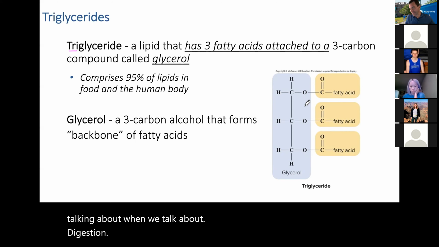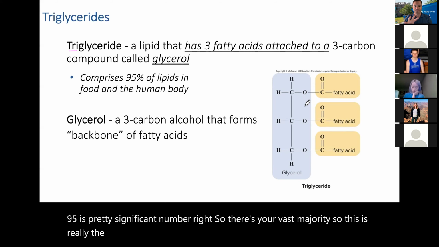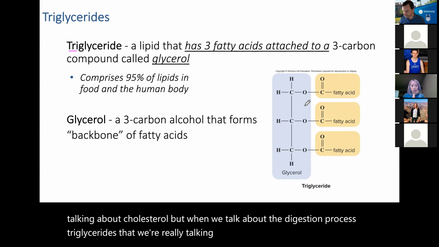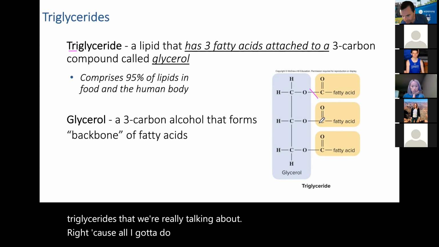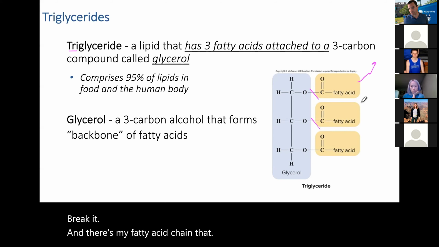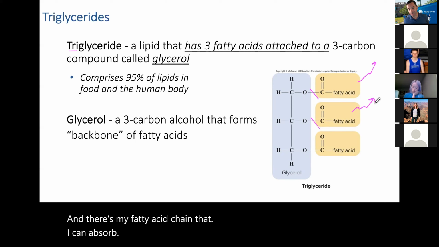Okay, 95% is pretty significant number, right? So there's your vast majority. So this is really the only one we're going to be focusing on. We're going to be talking about cholesterol, okay? But when we talk about the digestion process, it's triglycerides that we're really talking about, right? Because all I got to do is break it, and there's my fatty acid chain that I can now absorb into the cell.